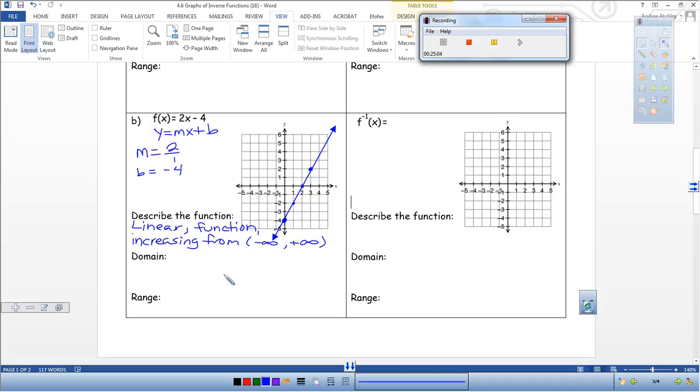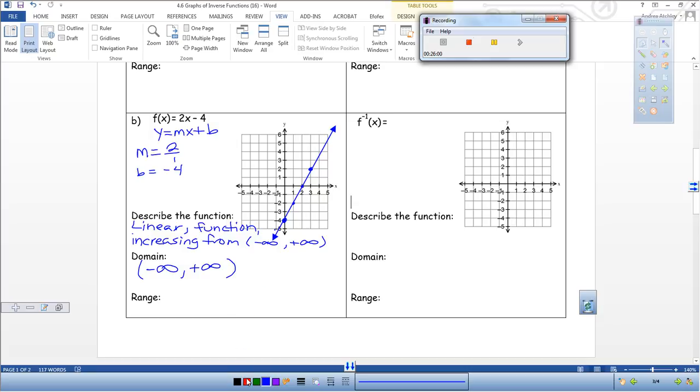It goes forever, right? The arrow means forever. So it's infinity. So negative infinity, where does it stop going this way? Positive infinity. The domain for all linear equations goes on forever and ever. Okay?